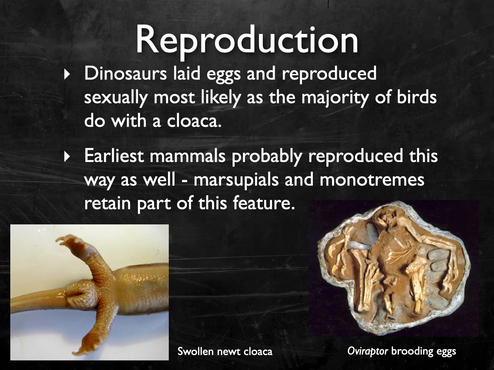They probably laid eggs. We've got examples of them actually sitting on their eggs, like the oviraptor there, brooding. Like you can kind of make that out there. The skeleton was fossilized right on top of the eggs that it was trying to keep warm. So another good example there of that thing was warm-blooded, because otherwise it's not going to keep its eggs warm by sitting on them, right? It's something that warm-blooded creatures do.